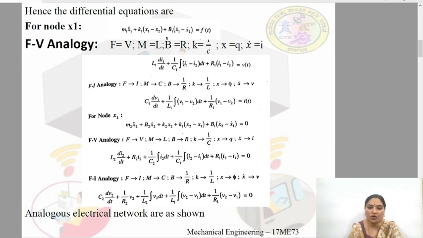Now the force current analogy is to be written similarly, as for node 1.